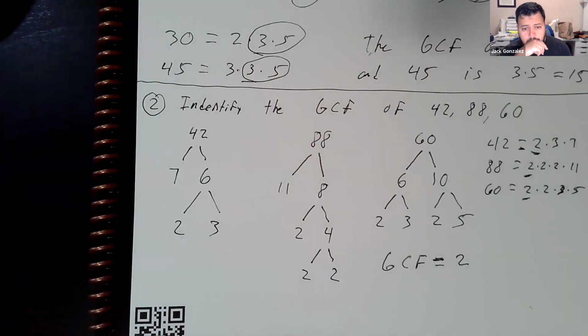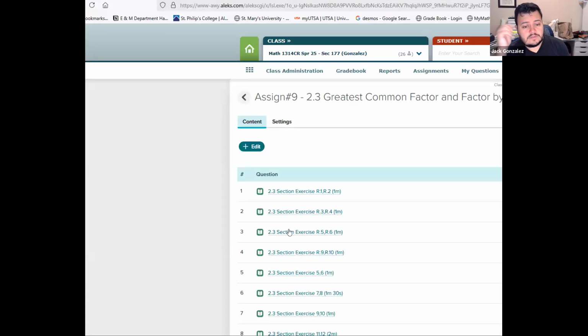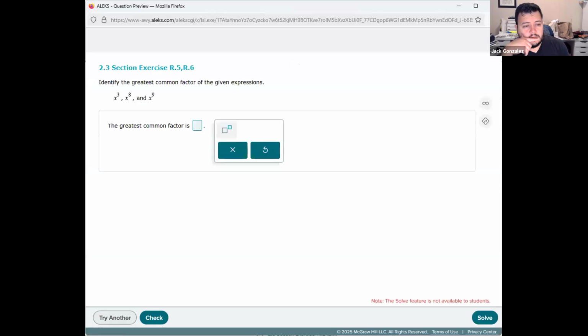Okay. So the first step is trying to identify what is the GCF. The next step is factoring it out of your questions. Let me see when that starts. Let's do this one real quick because it's variables, and then we'll move on.